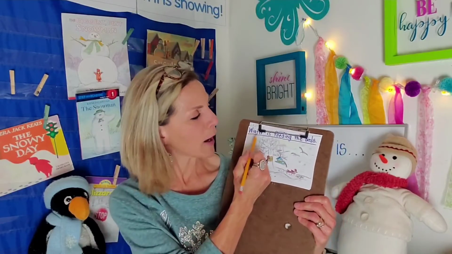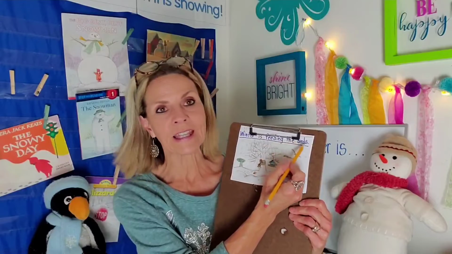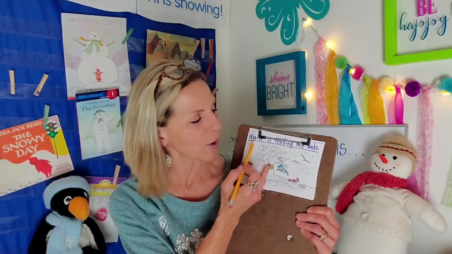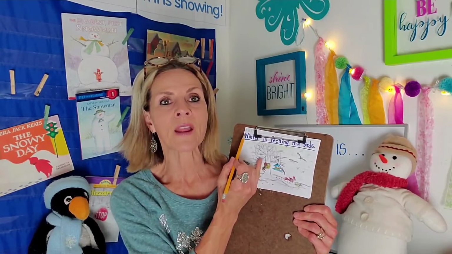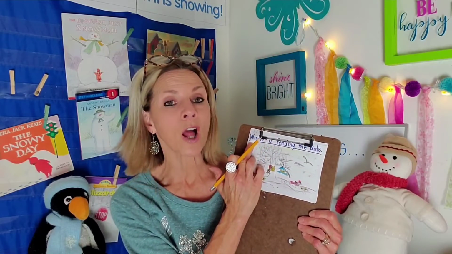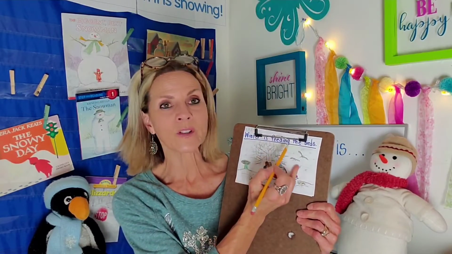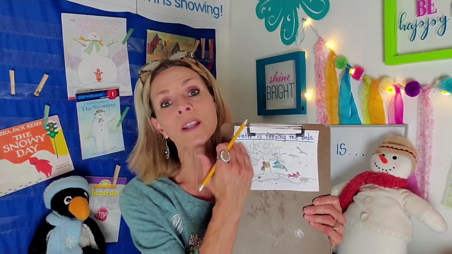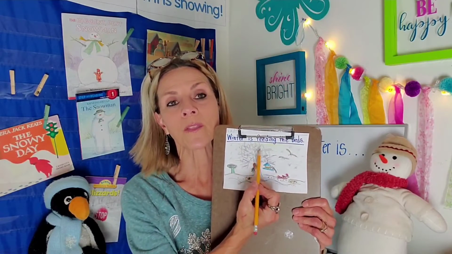And then after I write winter is feeding the birds, because I definitely love to feed the birds in the season of winter, I talk to them about the fact that when they write winter is in their completion, if they run out of space, they can come right up under. So after they write winter is, then I direct them to draw their line. Don't draw your line until you've already written, and that way you know where to put the line.